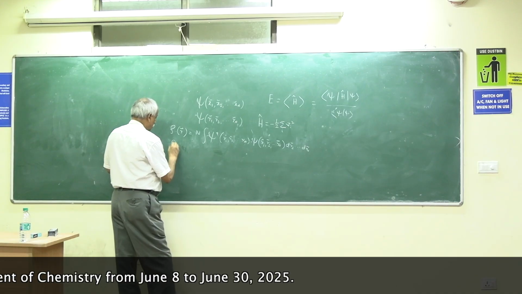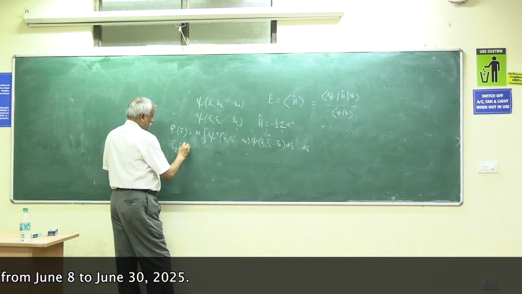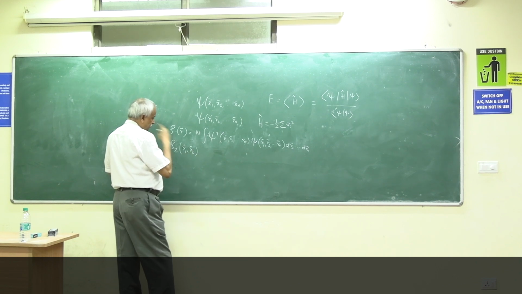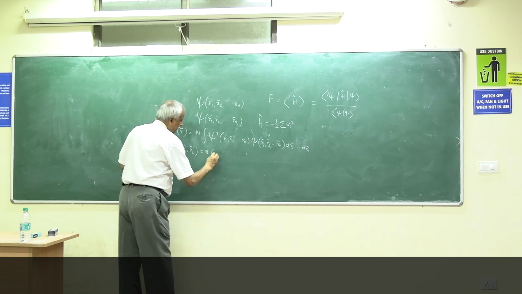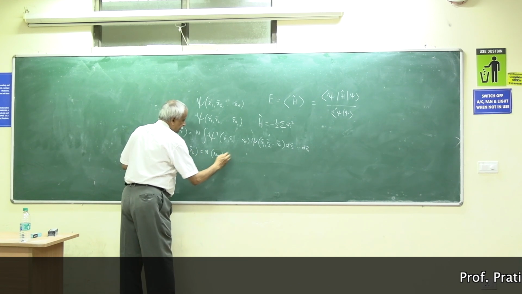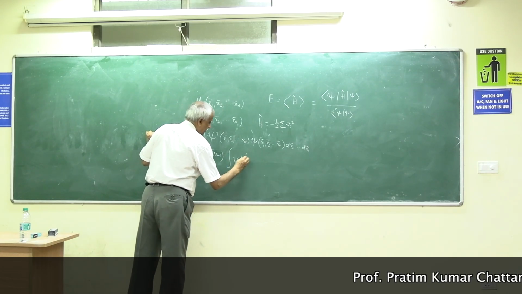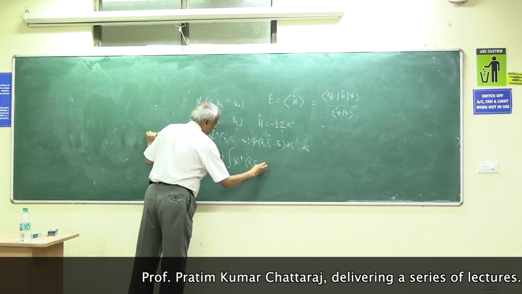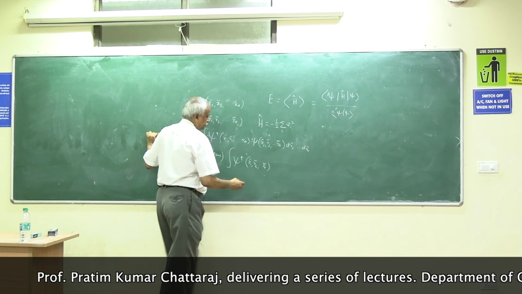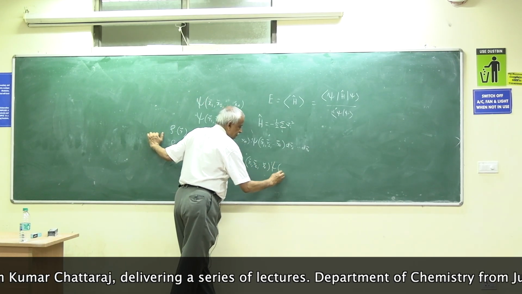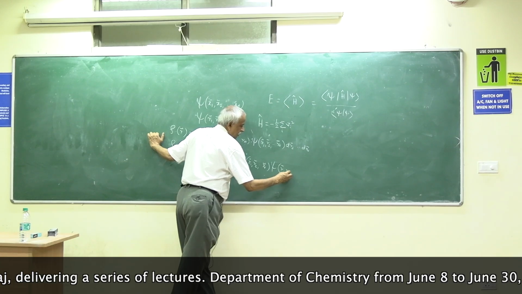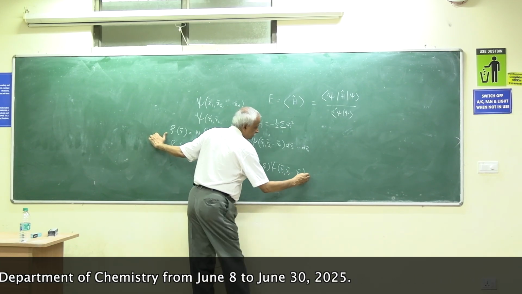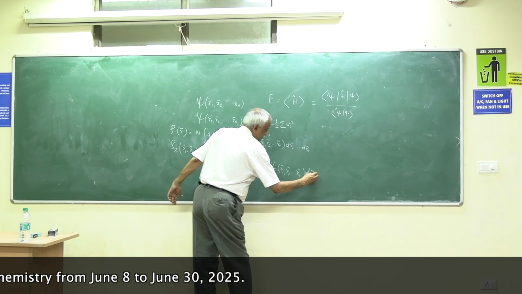Okay, and rho 2 of R1, R2 is n into n minus 1 integral psi star of R1, R2 up to Rn, psi of R1, R2 up to Rn, and dr3 to drn.